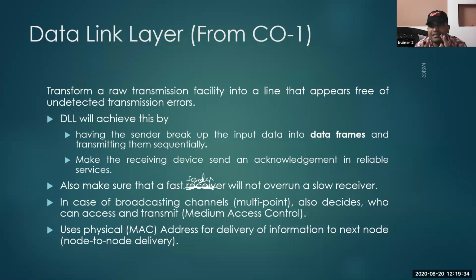You need some address mechanism to identify each and every person in that vicinity, that means whoever is accessing the communication medium. That address mechanism is our physical address, that is nothing but the MAC address, medium access control address. This address is used for identifying nodes in a shared communication medium case.